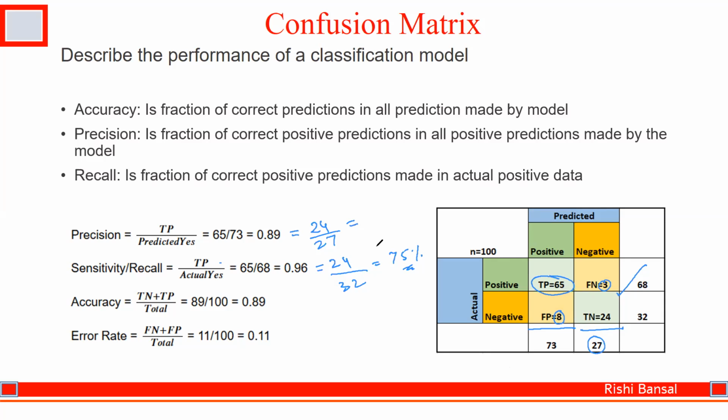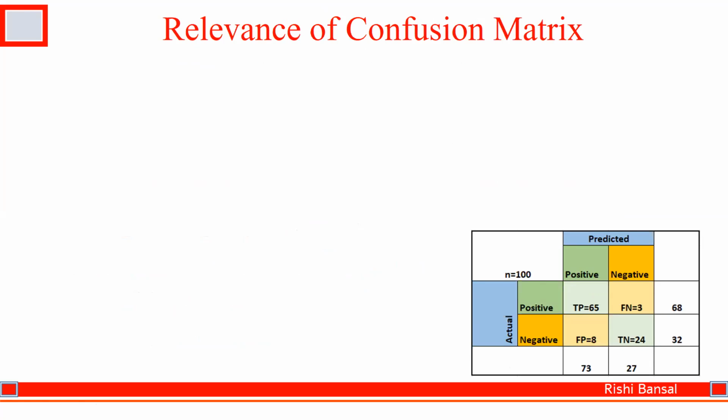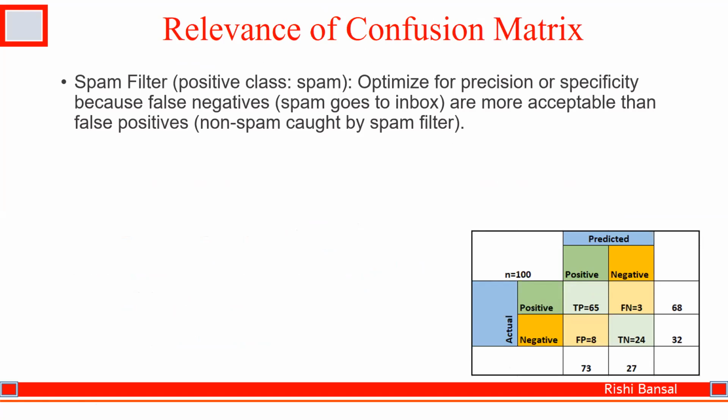Okay, we'll take the case study. Try to understand it, then we'll understand why we take precision and recall, sensitivity. Suppose we take a spam filter. Now, don't read anything, just understand.